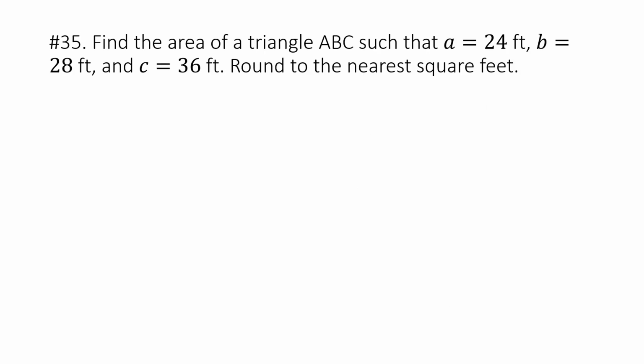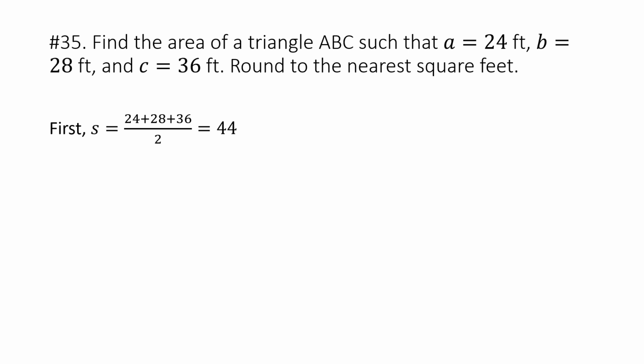Your practice problem 51, the area of a triangle such that A is 24, B is 28, C is 36 feet. Okay, we know 3 sides, right? So using the formula, when you look at your formula paper, you can find the triangle area formula. So first we have to find S. S is the sum of the 3 sides divided by 2.